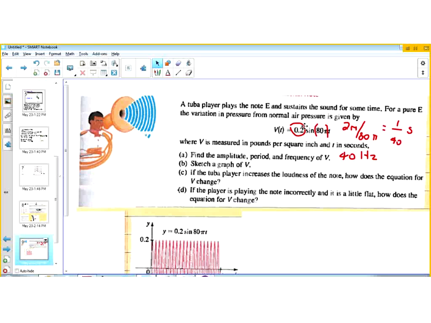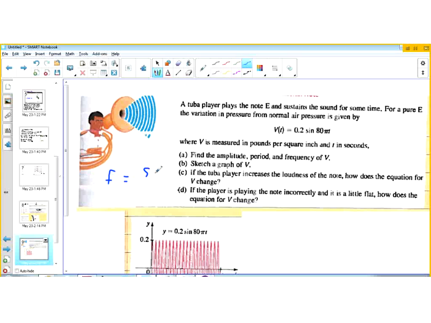Okay, and so the frequency is decreased. If you decrease the frequency, that causes the flatness of the tone, right? And remember that the frequency is 80 pi over 2 pi. So to decrease the frequency, let me write this out for you.